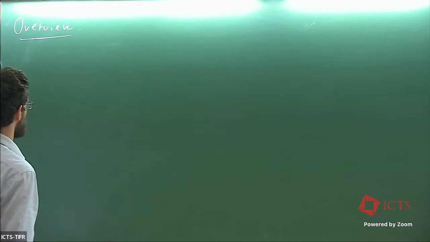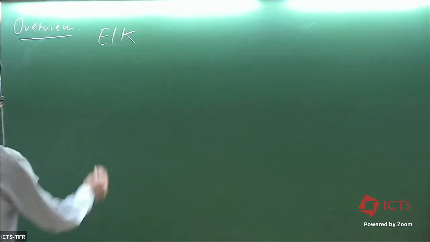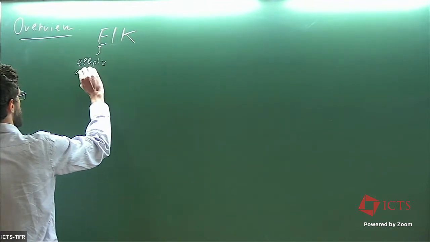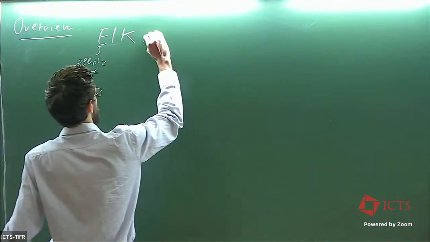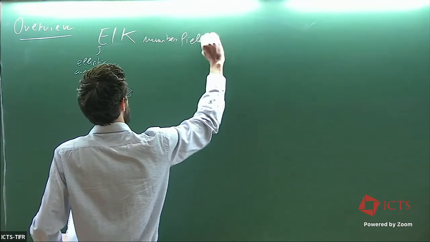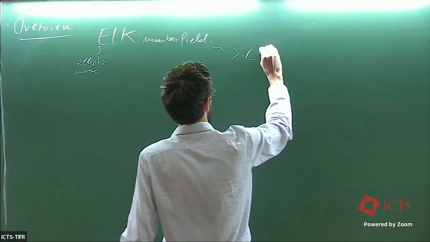Right, so it's a conference about elliptic curves. So let's start. E is an elliptic curve over K. For now, K is just any number field. Then we have the associated L function.